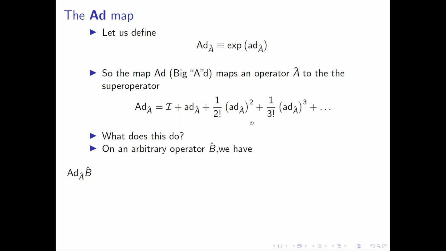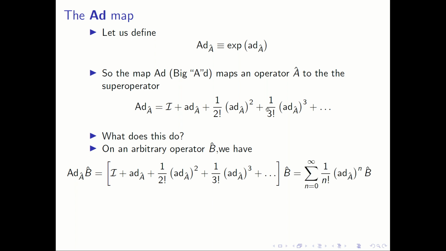On an arbitrary operator B, what we have is Ad A acting on B is nothing but this whole thing acting on B. But that I can write in a compact fashion as this sum acting on B, 1 by n factorial, and the sum goes from 0 to infinity, with 0 factorial of course being 1, and ad A acting n times on B.